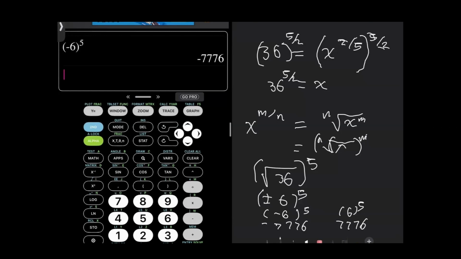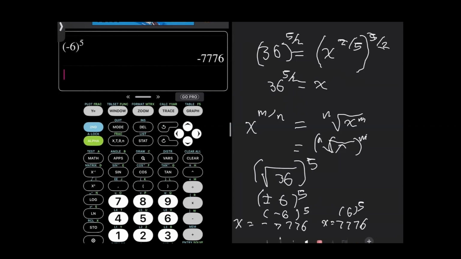Because when you take a root of an even power, it's plus or minus. So you have a positive and negative, and then we take the plus or minus raised to an odd power. Well, a negative raised to an odd power becomes negative, and a positive number raised to an odd power will become positive. Therefore, in conclusion, you see we have 2 results for our x.